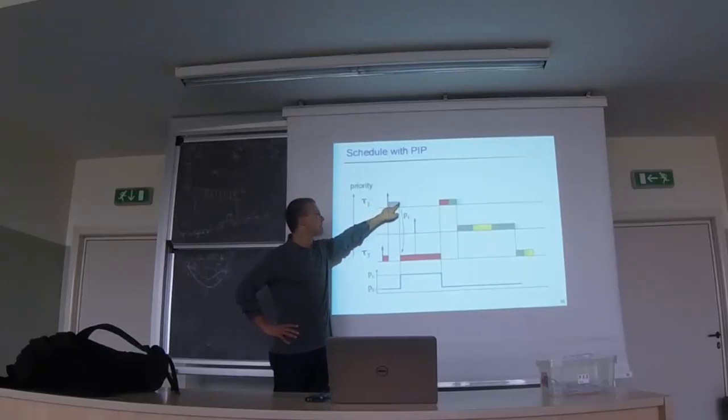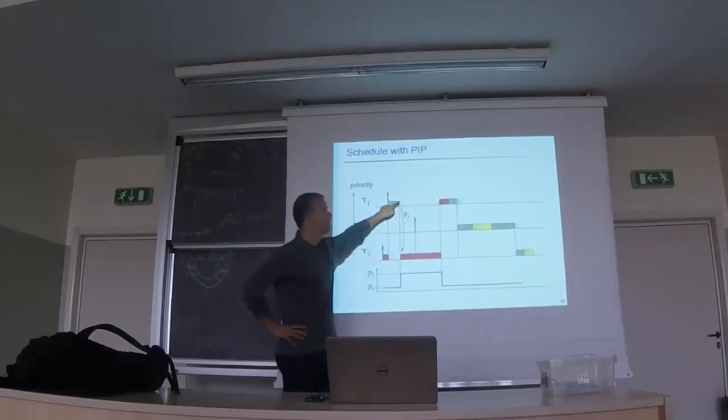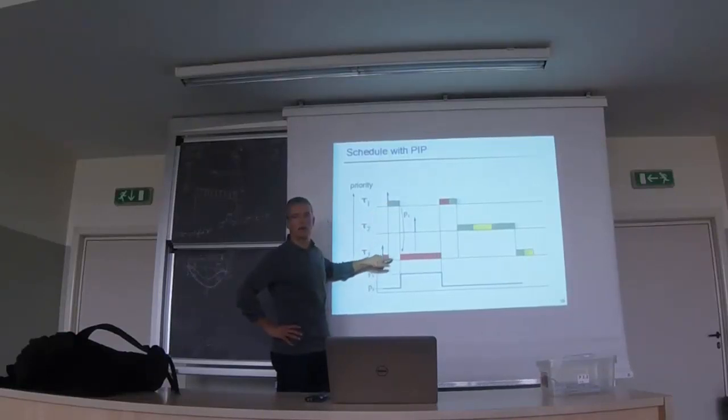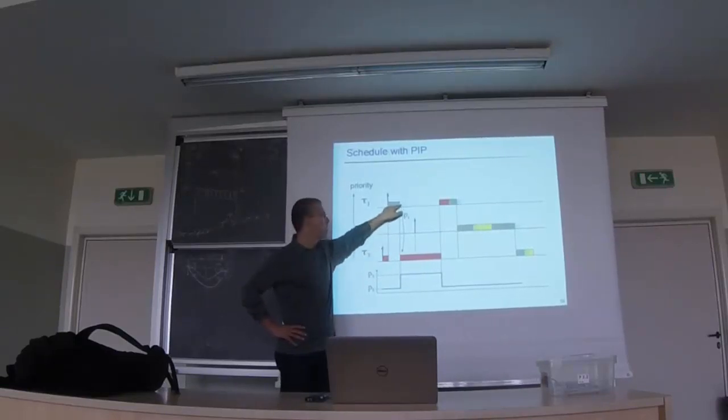At this point, tau 1 will request the red resource. You see the next instruction is a lock on that resource, a semaphore wait on that semaphore, for instance. Since it is not allowed to enter because the semaphore is still held by tau 3, it is blocked.